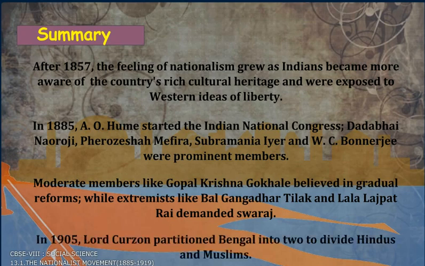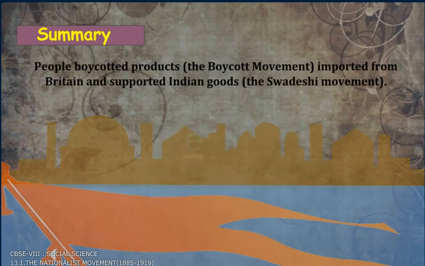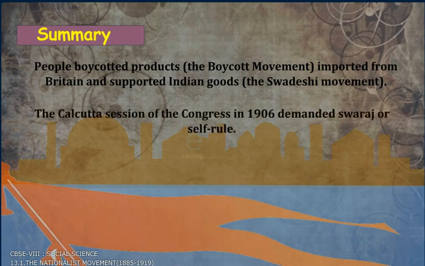In 1905, Lord Curzon partitioned Bengal into two parts to divide Hindus and Muslims. In the boycott movement, people boycotted products imported from Britain, and in the Swadeshi movement, they supported Indian goods. The Calcutta session of the Congress in 1906 demanded Swaraj or self-rule.